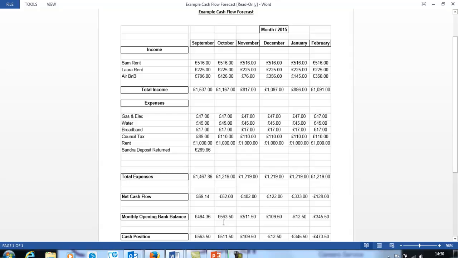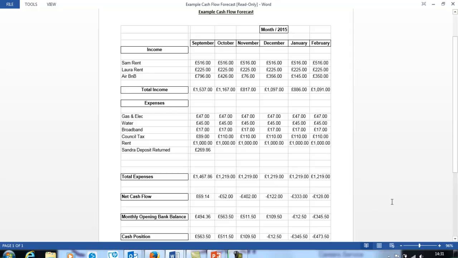So then we know the opening bank balance for October is the same amount. So in this particular month, we've got a loss of £52 because our expenses are higher than our income. So then when you take £52 away from £563.50, this is what you're left with.